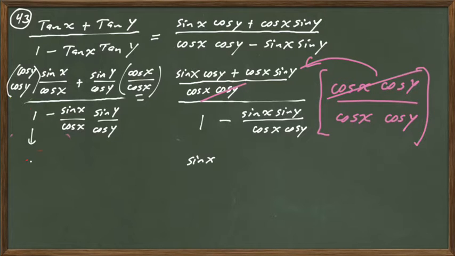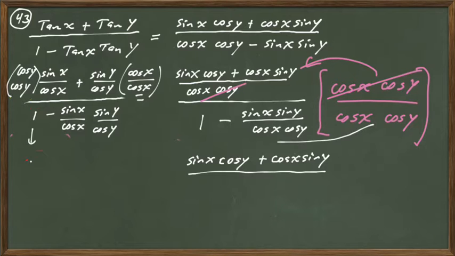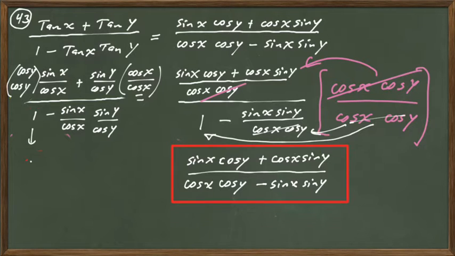Leaving me sine x cosine y plus cosine x sine of y. When I multiply here, what do these give me? What's 1 times anything? Itself, so it's cosine x cosine y minus, and when you multiply here, do these cancel? Leaving you sine x sine y. It's pretty much just the same thing we did, but it does match the answer.